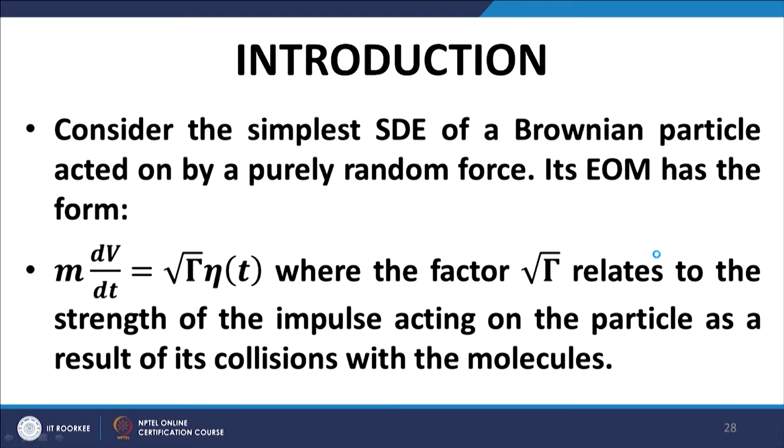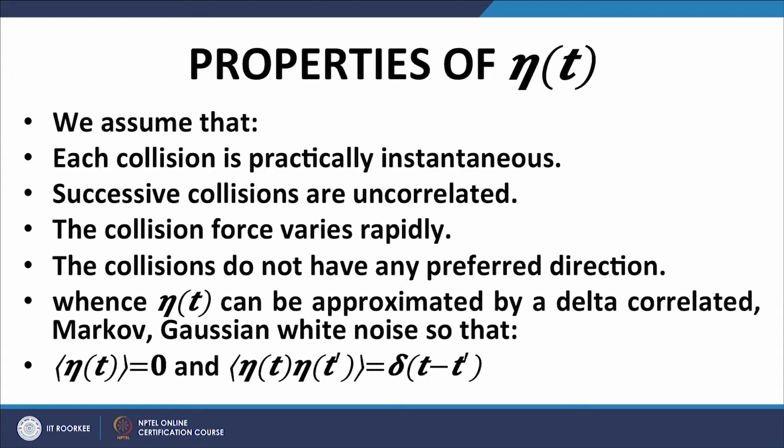Eta t is the white noise, the factor that captures the stochasticity of the force, the randomness embedded in the collisions when the particles collide with the Brownian particles. We make certain assumptions.